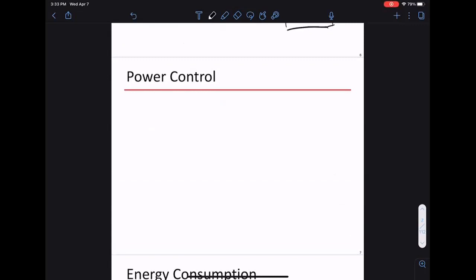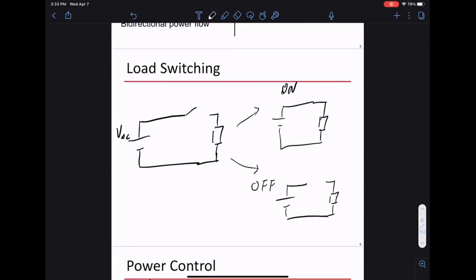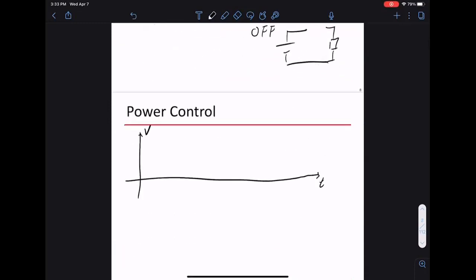For example, if you draw out the axis of time, let's say this is the voltage at the load. Then as you switch on and off, you can get this kind of square wave.